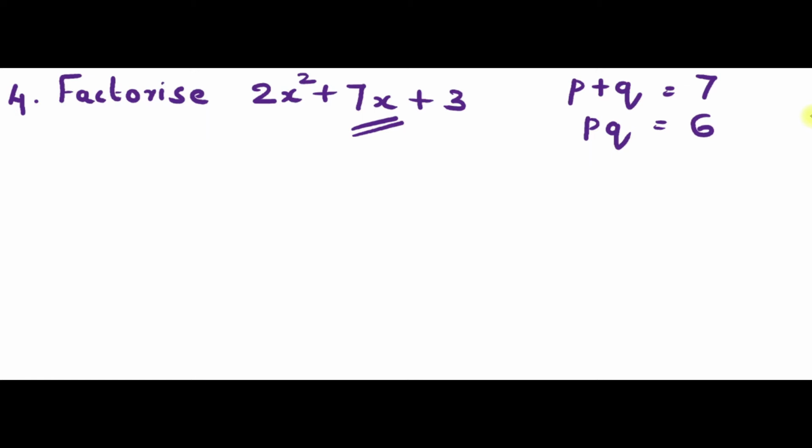Then you have to consider factors such that by multiplication you get 6 and on addition you get 7. So, go through those numbers whose multiplication will give you 6 and whose addition will give you 7.